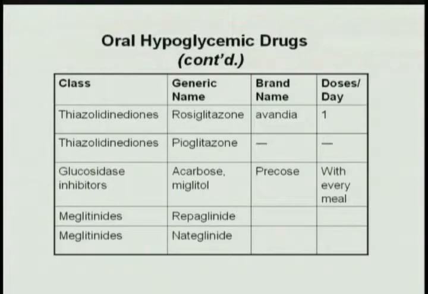Acarbose and the other glucosidase inhibitors work by inhibiting these enzymes in the GI tract. So basically you inhibit absorption of glucose there.